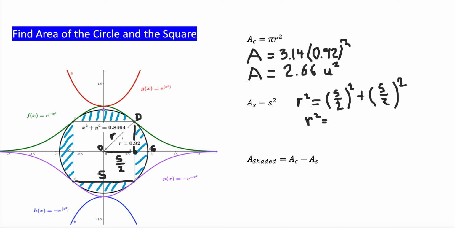The 2 by 4 simplifies, and what remains is s squared over 2. If I multiply by 2 on both sides, the s squared is equal to 2r squared.